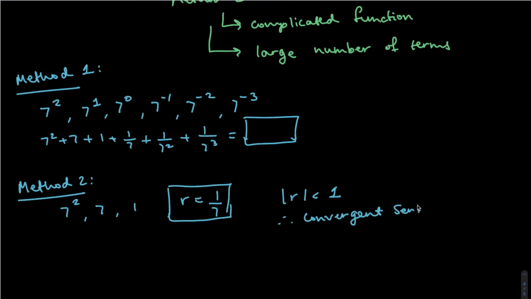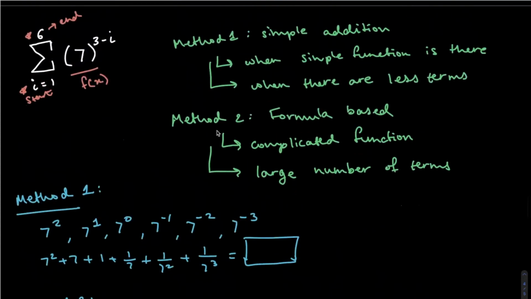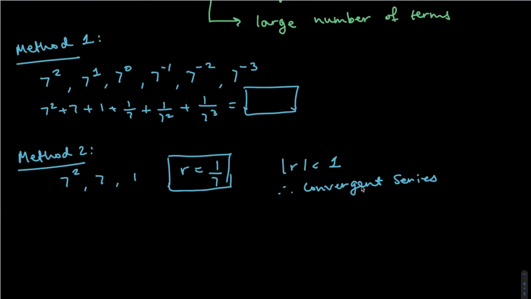When it tends to infinity, it will give me some constant value. However, the tricky part is that they've given us the end part as 6. If this was infinity, then I would use the convergent series formula.